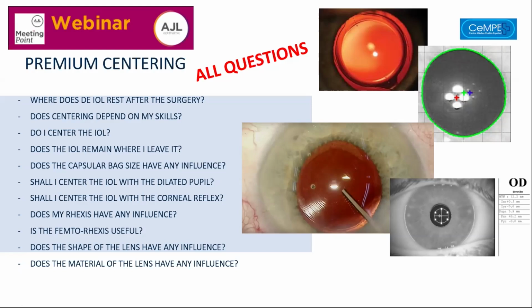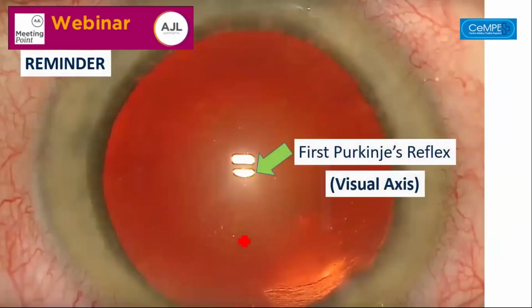Also, the platform of the lens has some influence, because with plate lenses, depending on the thickness and material, you can find different outcomes. But if you implant a CTR, you don't have these problems.